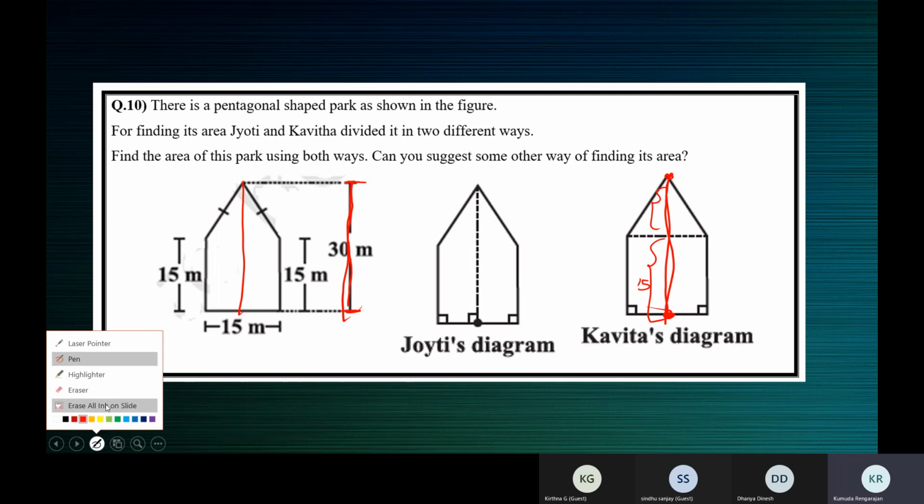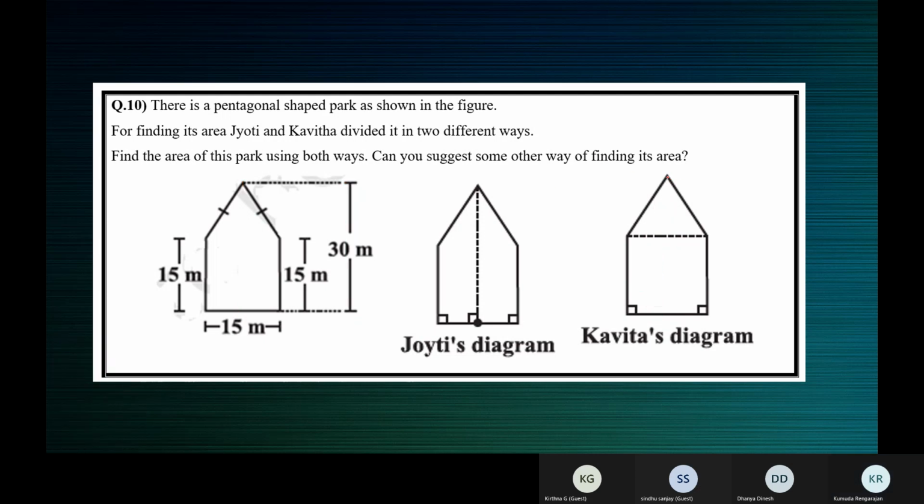Let's see that again. The length of this full line segment is 30 meters, given here. And this one is 15, which means from here to here is 15. So the length of this portion will be the whole thing, 30 minus 15. This will be 15. So half base into height, half into 15 into 15.